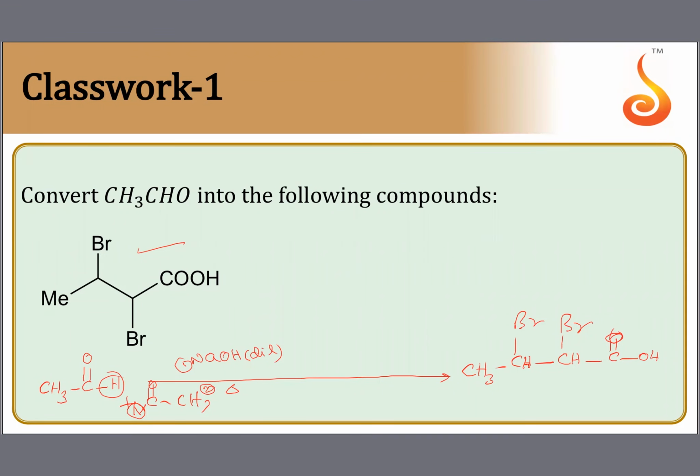Alpha beta unsaturated aldehyde is obtained. So how to write the direct condensed product? I will give the technique. CH3CH double bond O, you write like this, and you display 2 alpha hydrogens of the next molecule. So 2 molecules undergo condensation. You remove H2O.